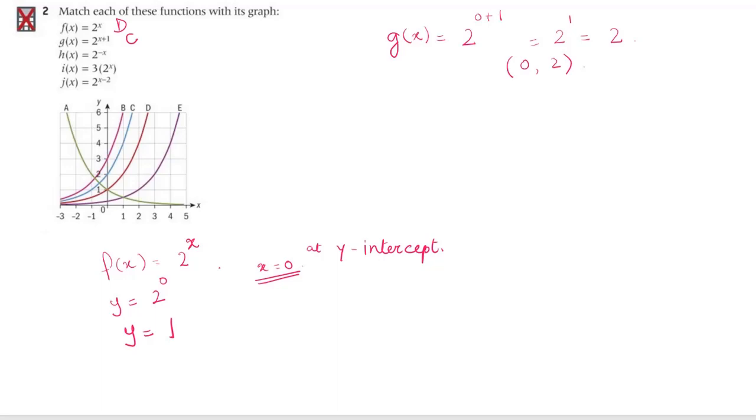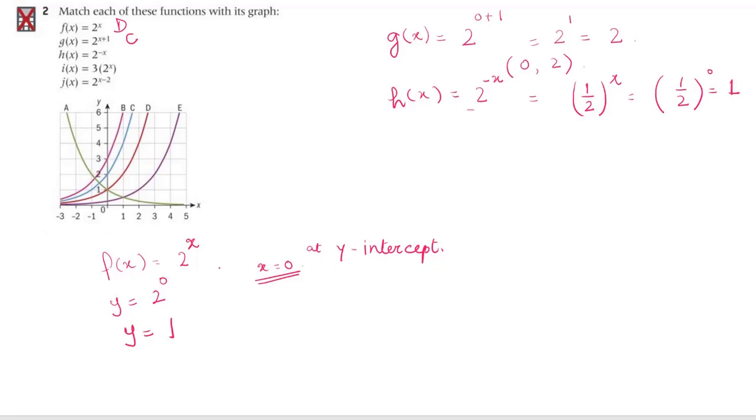Okay. Now h of x is equal to 2 to the power minus x. What does it mean? It means 1 over 2 to the power x. Putting x equal to 0, this would come out to be 1.